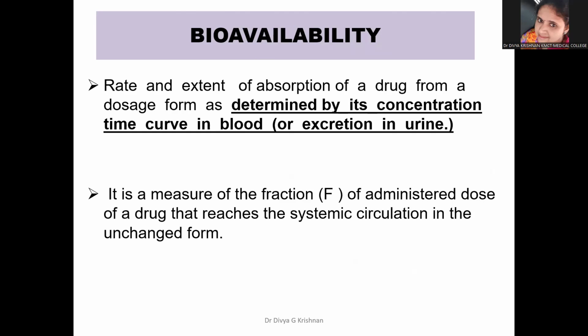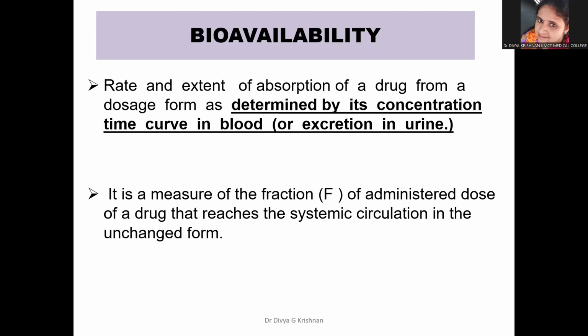Whenever you are administering a drug, it is not that everything you administer reaches the circulation in unchanged form. There will be metabolism occurring to the drug on the way to absorption into circulation. So, we are trying to measure the fraction of the administered dose that reaches the systemic circulation eventually in the unchanged form.